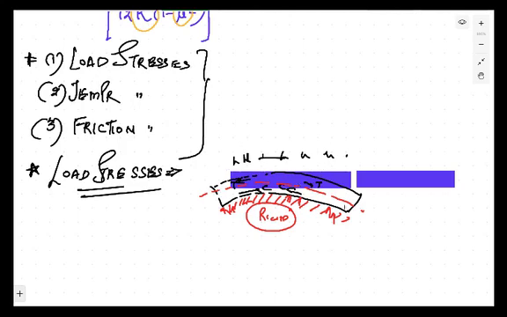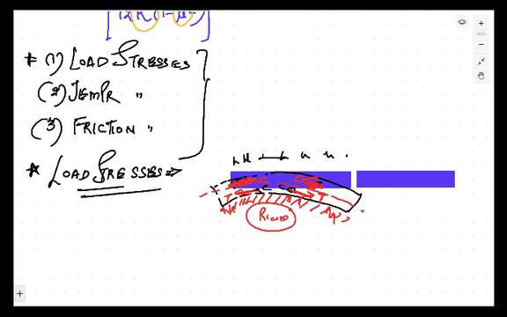Because of this reaction, the slab will get stresses of the opposite nature. It means that due to the subgrade, the region in which the slab wanted tension will get compression. Where the slab wanted tension, compression will come, and where it wanted compression, because of the subgrade the stresses will be tensile. It means there will be compressive stresses at the top and tensile stresses at the bottom.